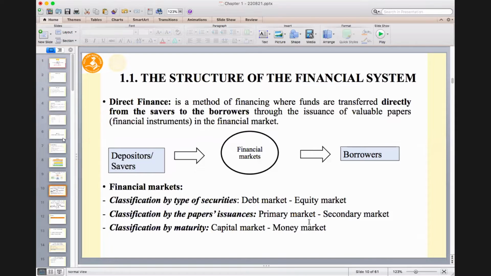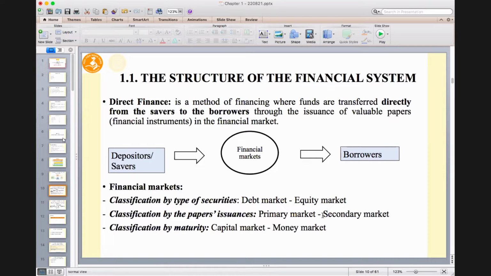The primary market is the initial market when the company issues the valuable paper, the first time they issue their valuable paper to the market. And the secondary market is where the valuable paper is traded between the investors. So in the primary market, the company can issue stocks or bonds, not only debt papers.